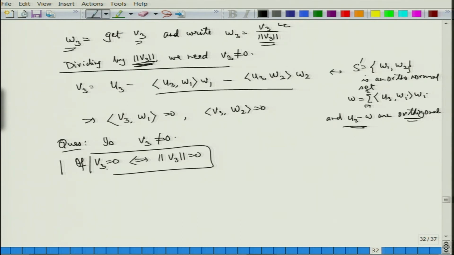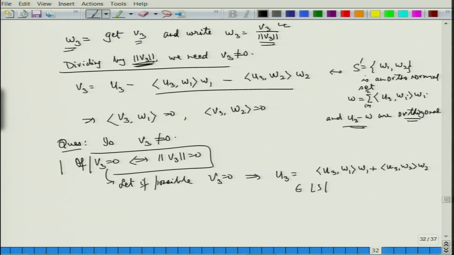All right. So, suppose, if possible, V3 be 0. This implies that U3 is equal to the inner product of U3, W1 times W1 plus the inner product of U3, W2 times W2, and this implies that U3 belongs to the linear span of W1 and W2.